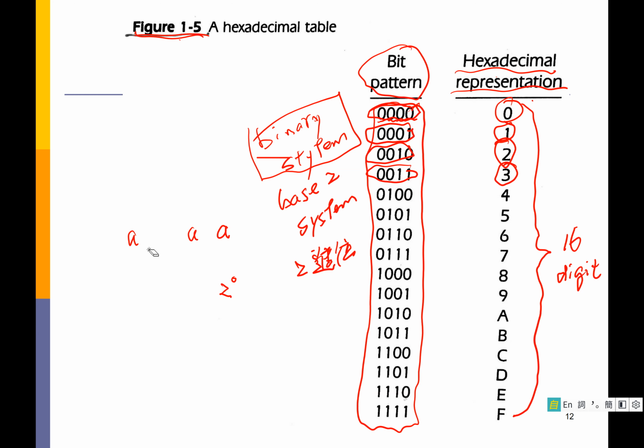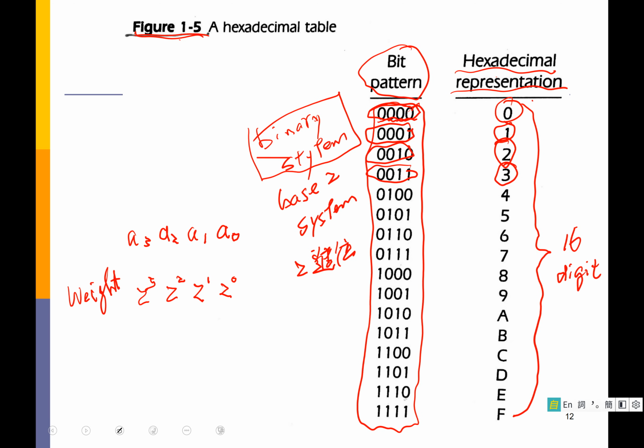Maybe I should call the first digit A0, second from right is A1, third from right is A2, fourth from right is A3. Now the weight of each digit is 2 to the power 0 for A0, 2 to the power 1 for A1, 2 to the power 2 for A2, 2 to the power 3 for A3.